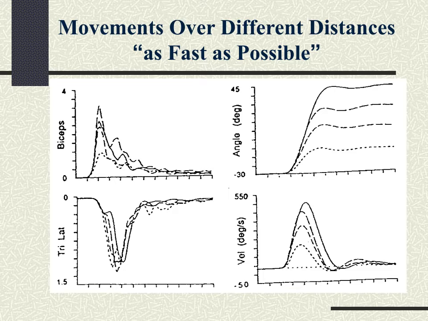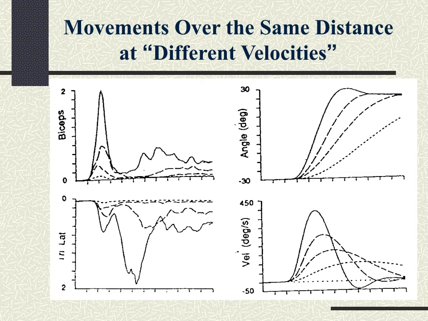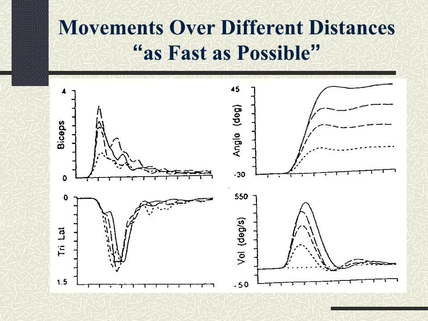Here is an example of movements over different distances as fast as possible. So this is with instruction. So you're increasing movement amplitude without changing the external load. And the instructions are to move as fast as possible. So we see some differences. Let's take a look back here. So we certainly see some regular differences in the EMG signal.